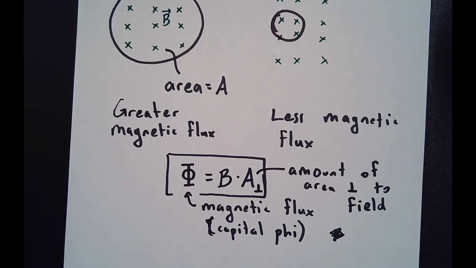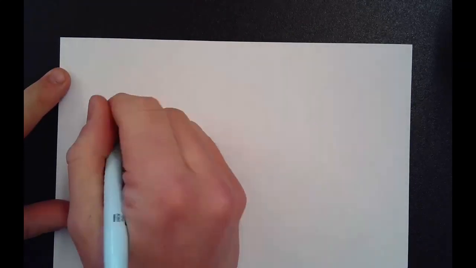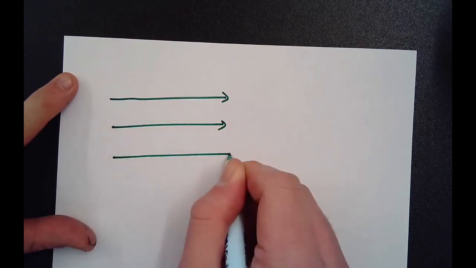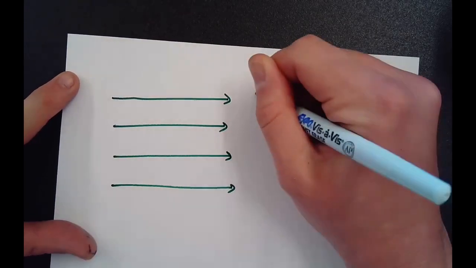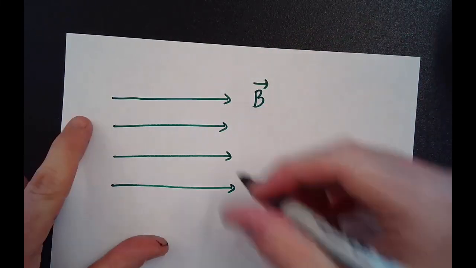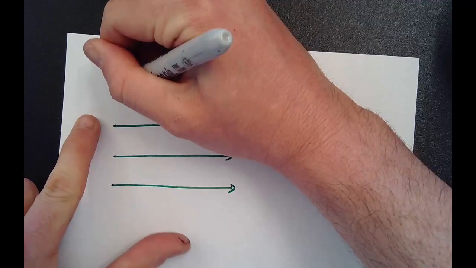Let's talk about the convention for the angle that's used when defining the amount of area perpendicular to the field. I'm going to draw a magnetic field that's going to the right. I'm going to draw a loop tilted at an angle relative to that field.